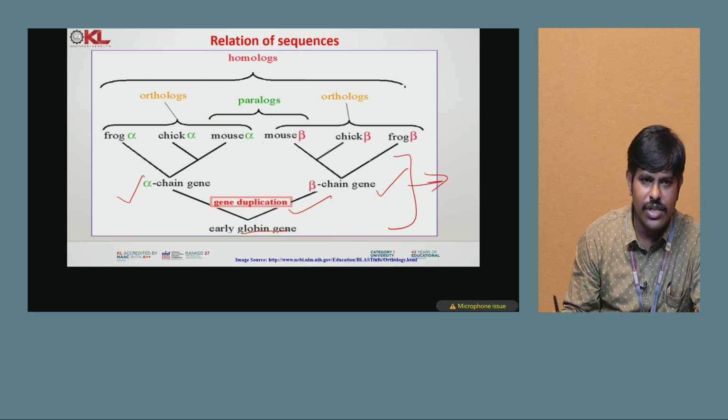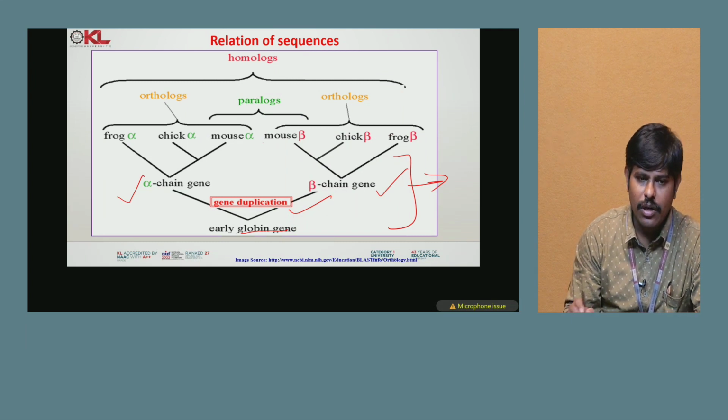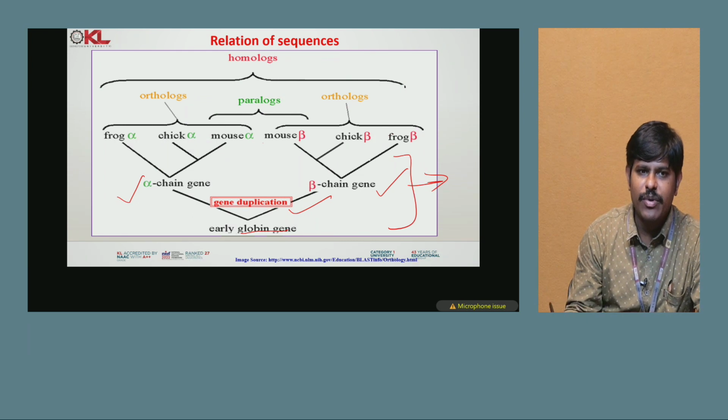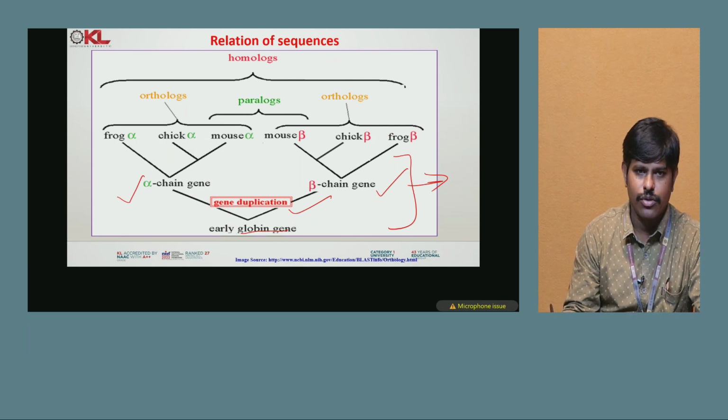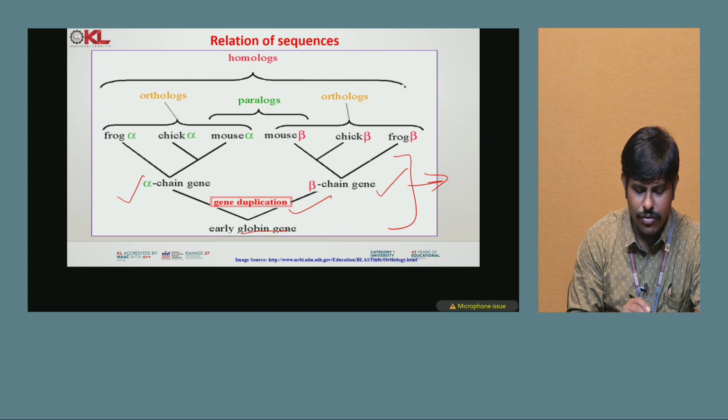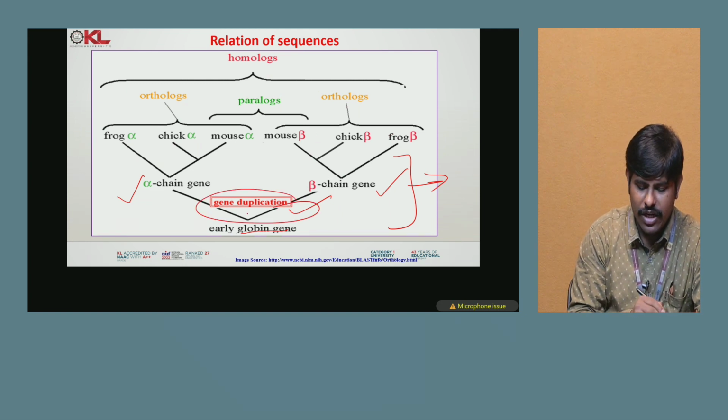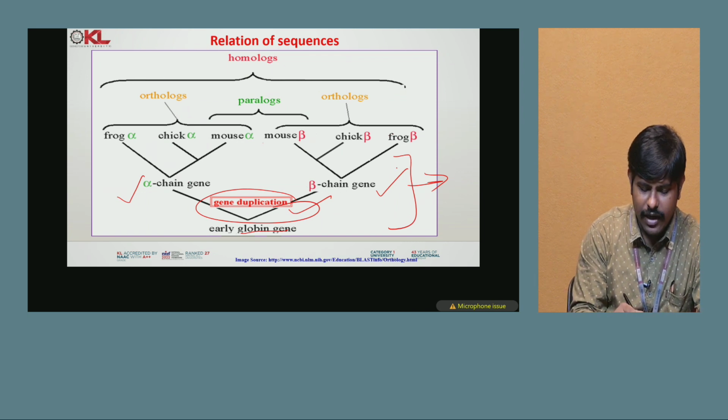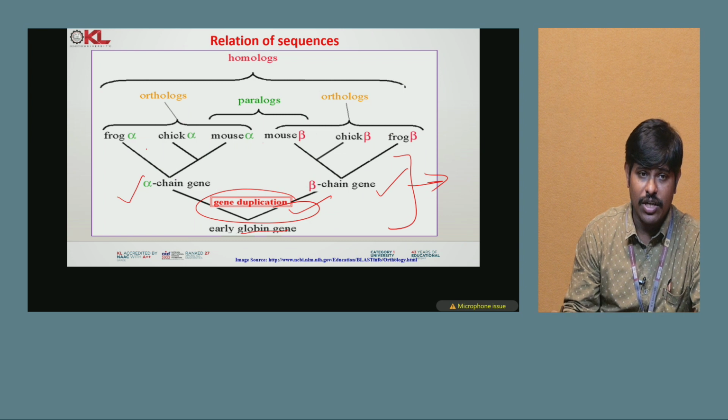So the alpha gene can be present in frog, the beta gene also can be present in frog, and both of these genes can be present in frog, chicken, mouse. Gene duplication happened here, and because of it you have two different kinds of genes, and then three different organisms.